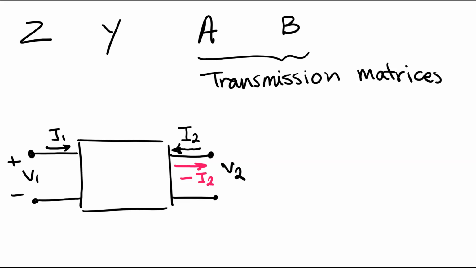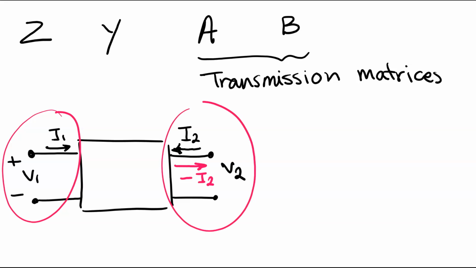So I'm looking at this two-port circuit in form of a control block. So it has input and output. So I can focus on input variable or output variable. Because I'm looking at this circuit in form of a control system that has two parameters as input and two parameters as output, I prefer to show the current going out, which means I have to consider a negative sign.